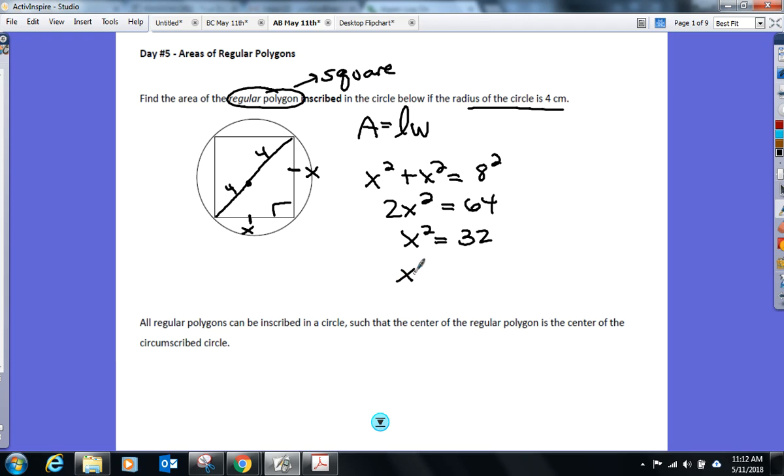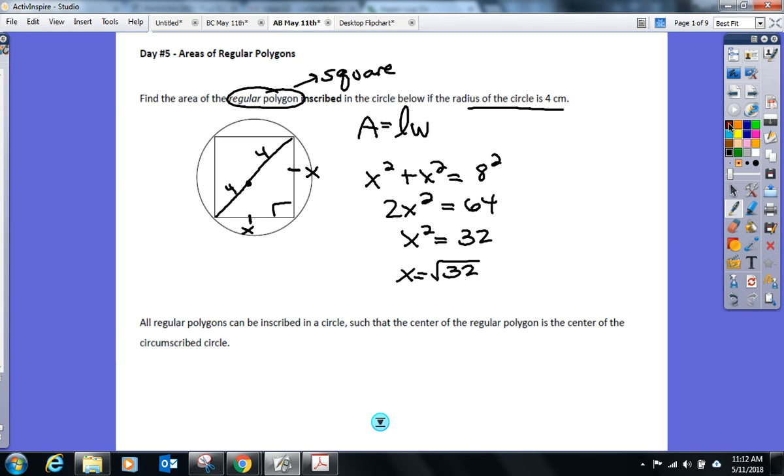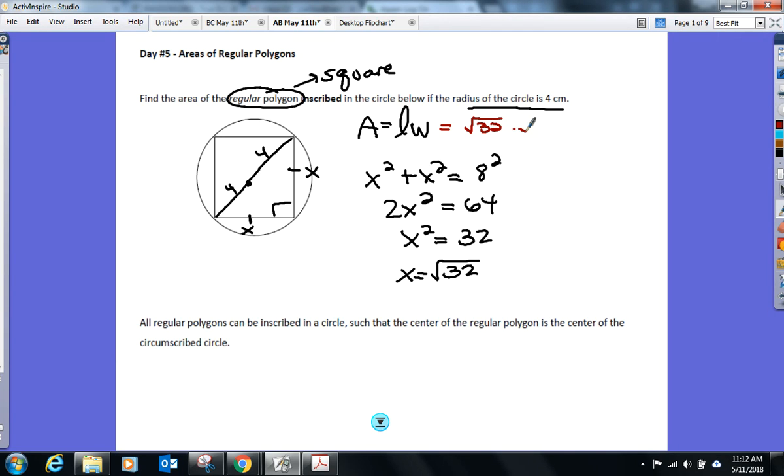So x was equal to the square root of 32. That was one side of the square. So length times width, square root of 32 times square root of 32, multiply a radical by itself, you end up with the area just being 32 square centimeters.